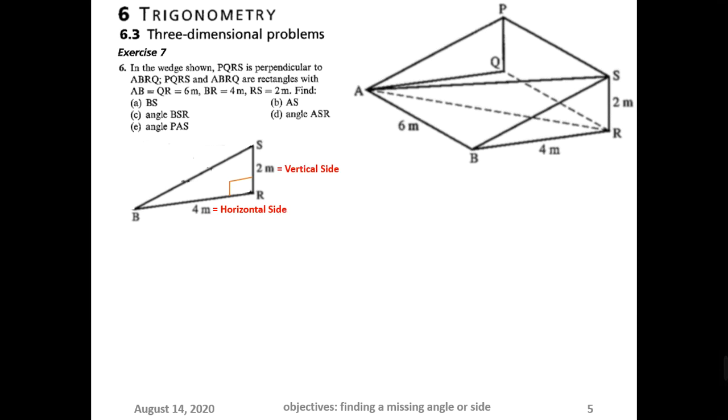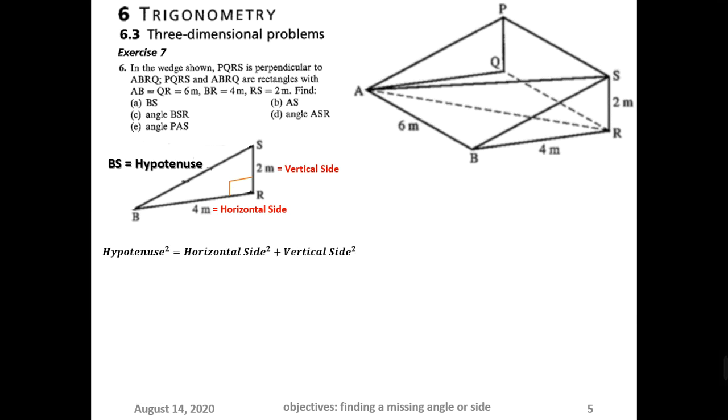Now, they asked us for the length of BS. BS is right across the right angle, so it is my hypotenuse. And to find the missing hypotenuse, we must use Pythagorean theorem, which states that hypotenuse to the power of 2 is equal to the horizontal side to the power of 2 plus the vertical side to the power of 2.